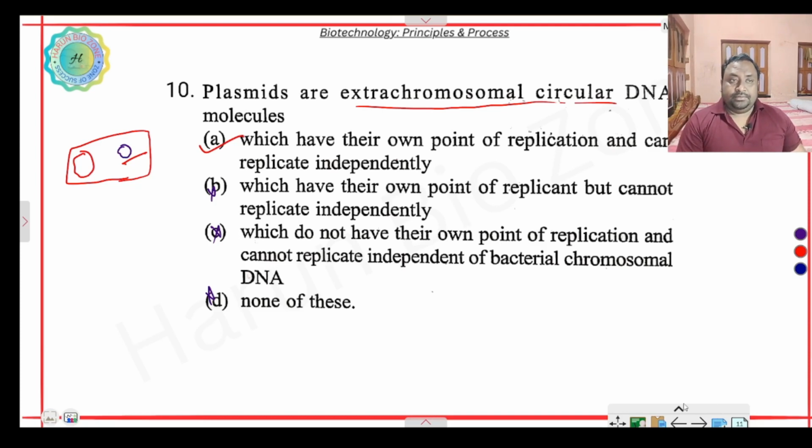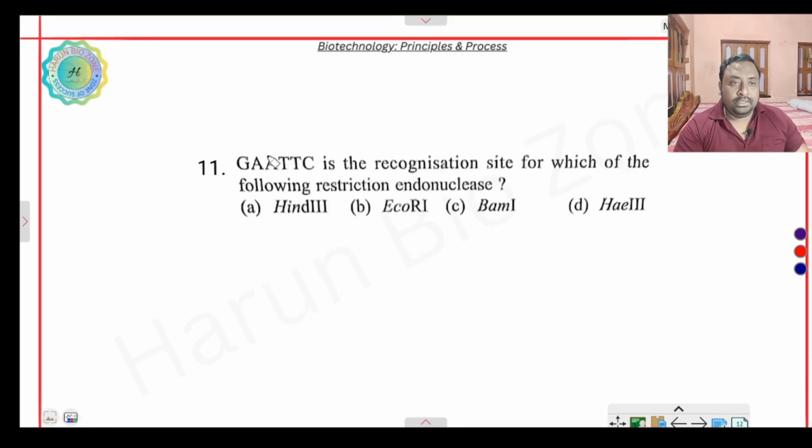Next question: GAA-TTC is the recognition site for which of the following restriction endonucleases? GAA-TTC, CTT-AAG is the recognition site for EcoRI. Here the restriction cut occurs between G and A. Clear?